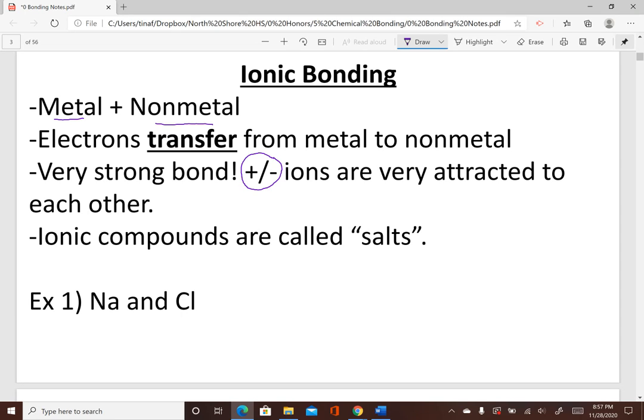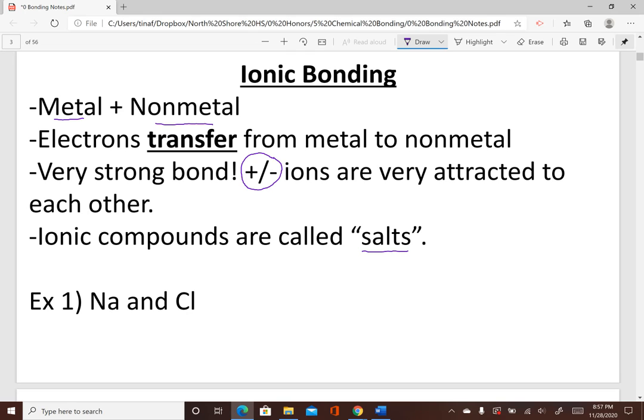So they're going to stick together and form a very strong ionic bond. And another name for an ionic bond is a salt. When we hear the word salt, we always assume NaCl, which is like the salt that you put on your food, that's table salt. But really, any ionic compound we can call salt. It just might not be the salt that we put on our food.